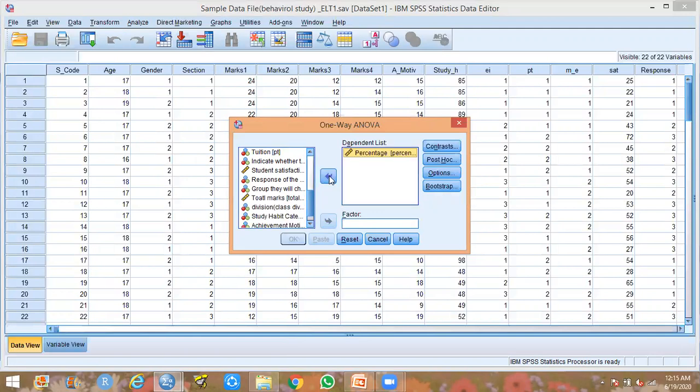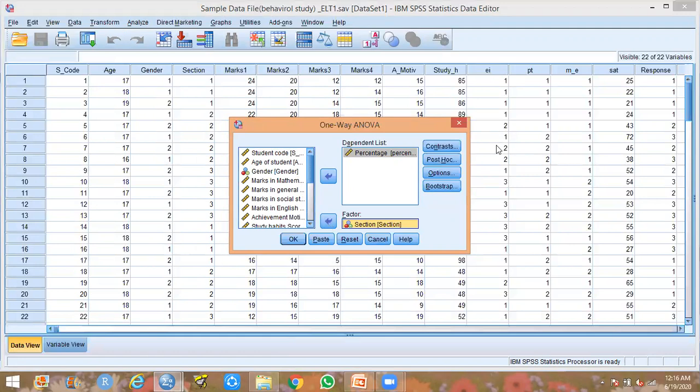Now the factor. What is the factor? The factor is the section: group 1, group 2, group 3. You have three different sections, section A, section B, section C. You treat three different sections as three different groups. So the factor is now the group.